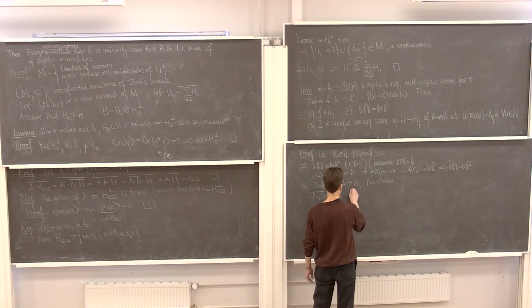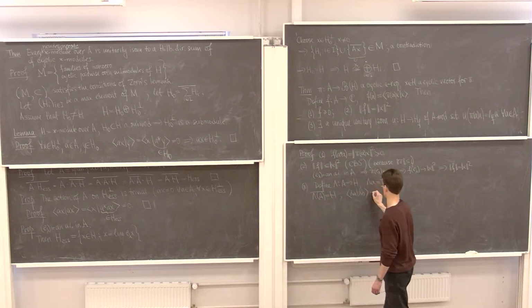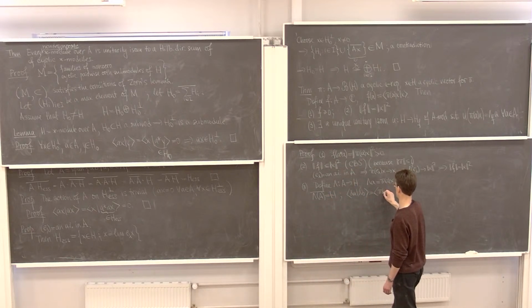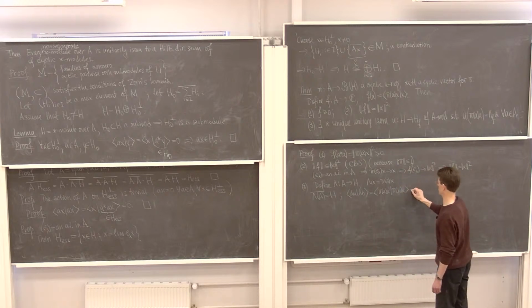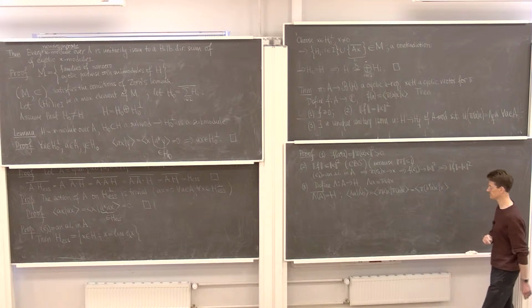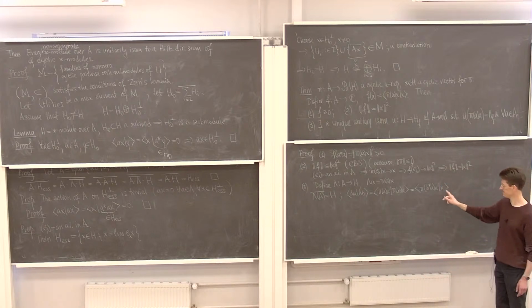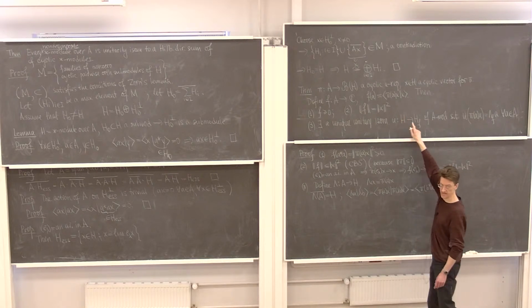The inner product of lambda a and lambda b, well, let's calculate it. This is the inner product of pi of a x and pi of b x. Or equivalently, this is the inner product of pi of b star a x and x. So what's this? Look here. This is f applied to b star a.